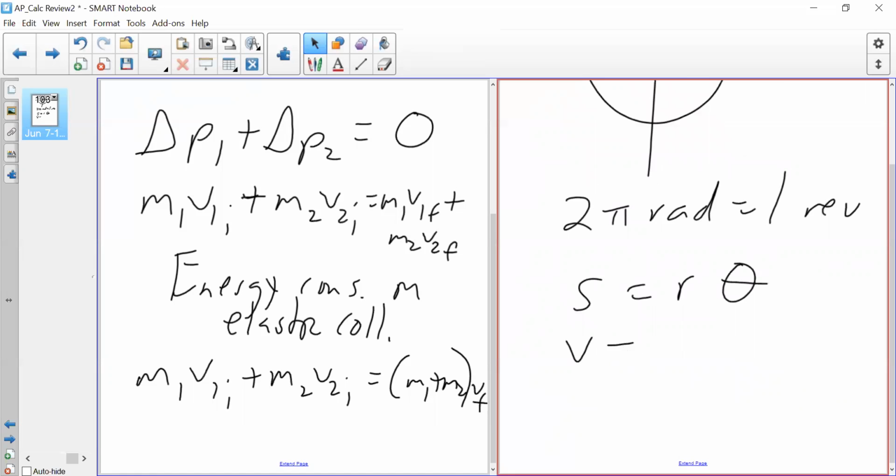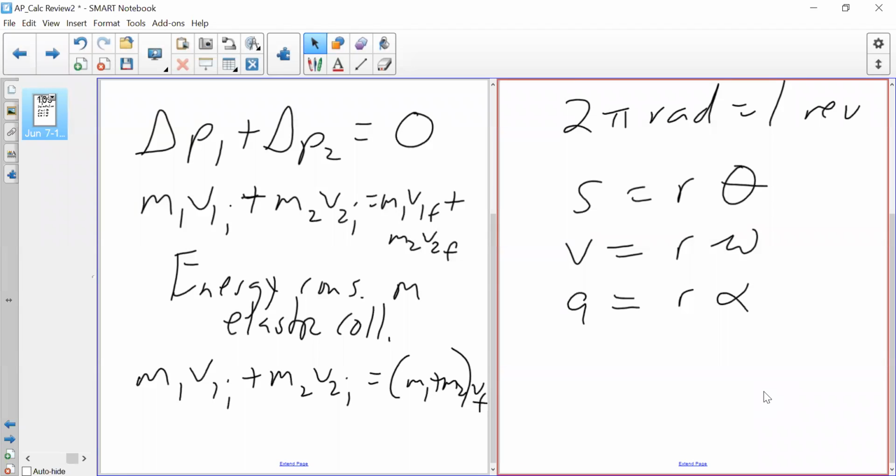Those are the basic formulas for linear to angular. So theta is S over R, omega is V over R, alpha is A over R. When we get to torque and see it is I alpha, we know that alpha is equal to A divided by R, that sort of thing.